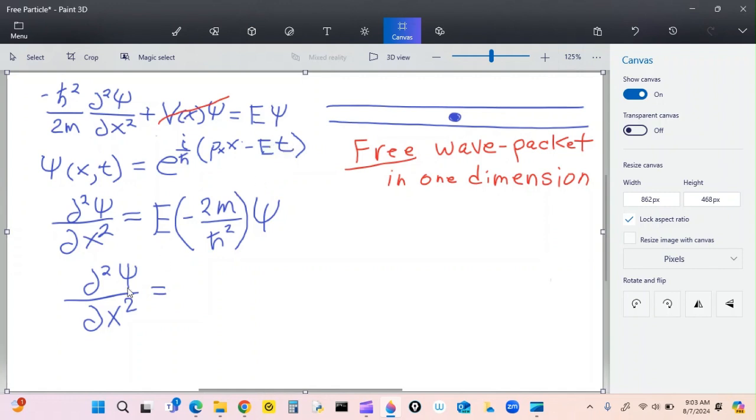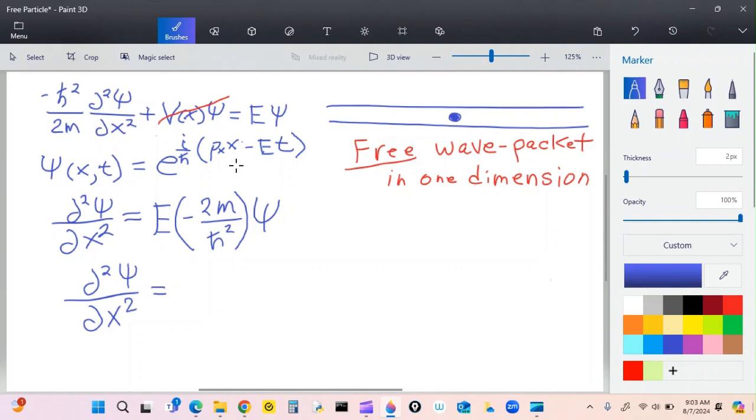So if we take the second derivative, we'll be performing that operation twice. And here's the way that's going to come out. I'm going to copy the exponential because that's what happens each time.